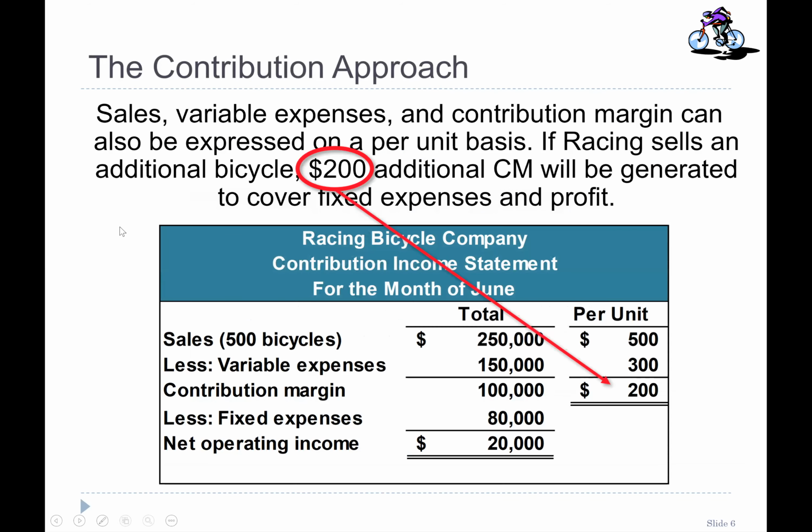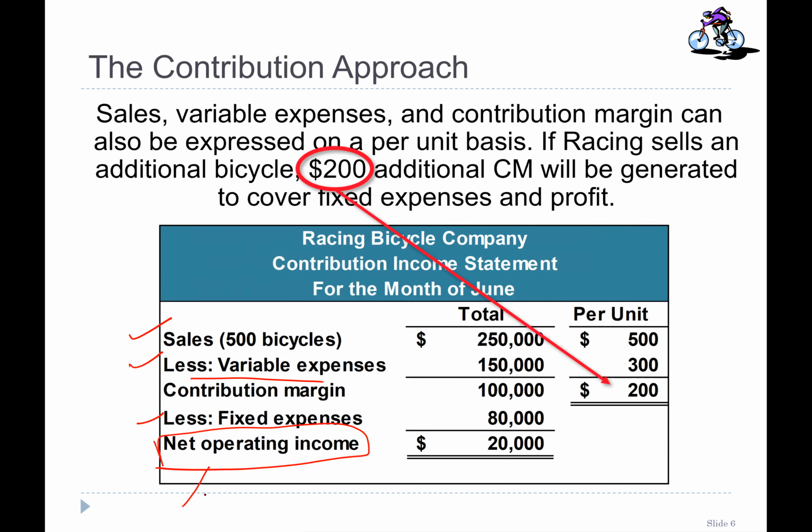So we have learned the contribution margin format, how the income statement is created from contribution margin. Sales minus variable cost is equal to contribution margin, and then after fixed cost, we have net operating income.